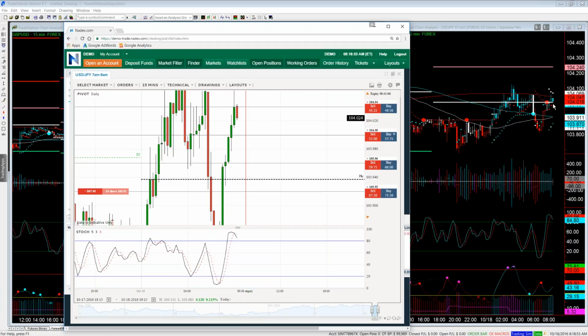Ideally, what I would want to see is for this current price bar to close under the pivot line. We'll see if it does.